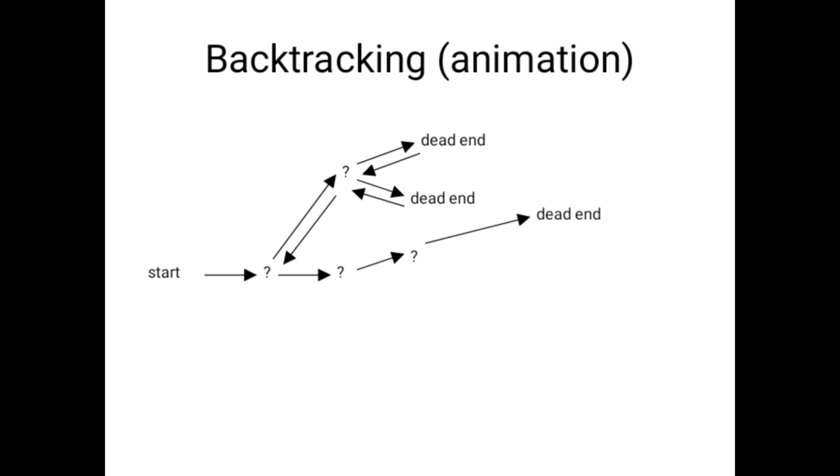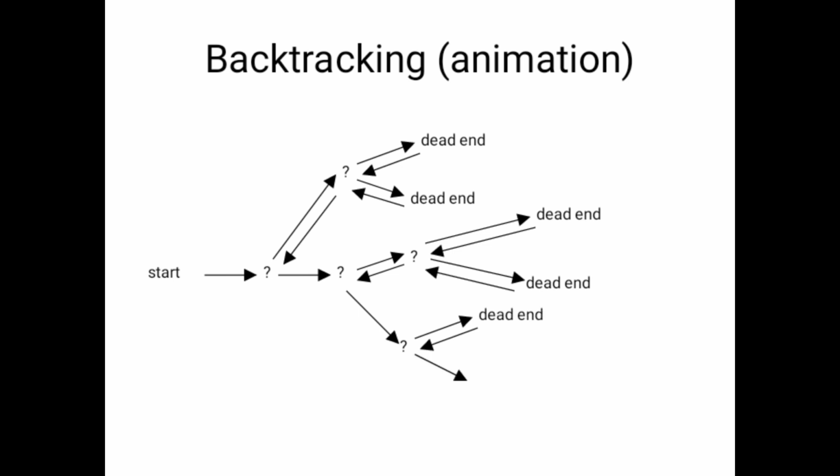When you reach the dead end, you backtrack to the previous point, and then you check each possible option there, then you go back to the original point from where you had started. In this way, you find the solution at the last position. This animation shows you the concept of backtracking.